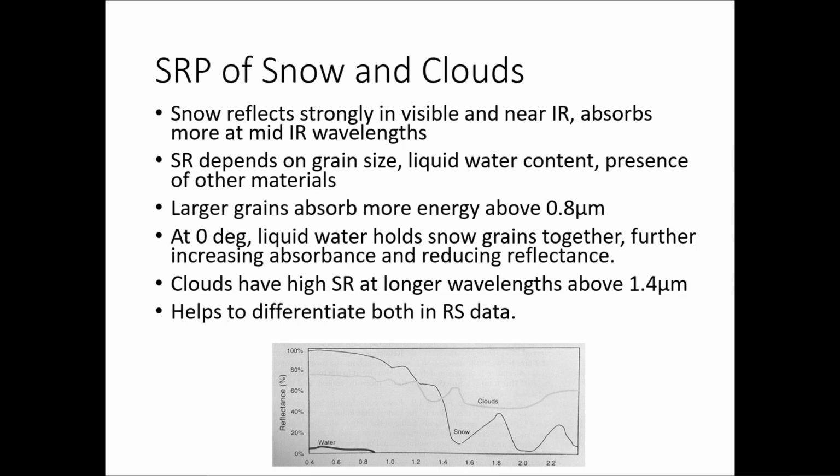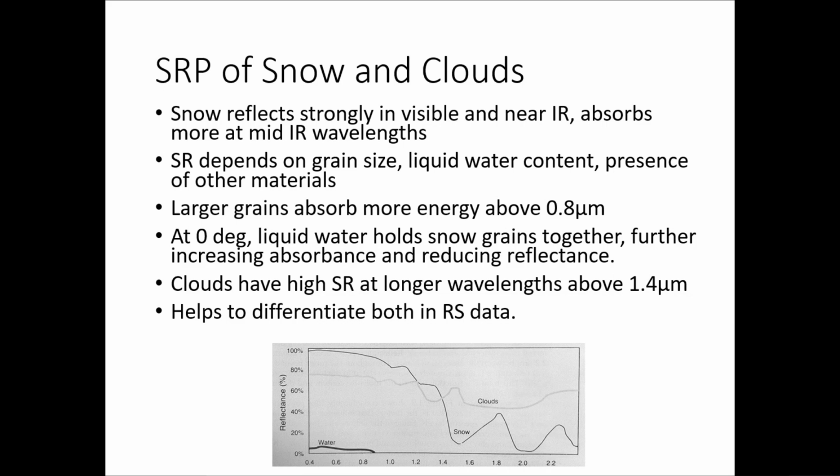So if you have a camera or a sensor that takes pictures in wavelengths above 1.4, do you think it will be easy to distinguish them? Because you can see for clouds at about 1.4 micrometer the reflectance is about 60%, and for snow it is just about 10%. Is that clear? So you can easily distinguish clouds and snow if you use a sensor which operates in the 1.4 to 1.6 wavelength range.